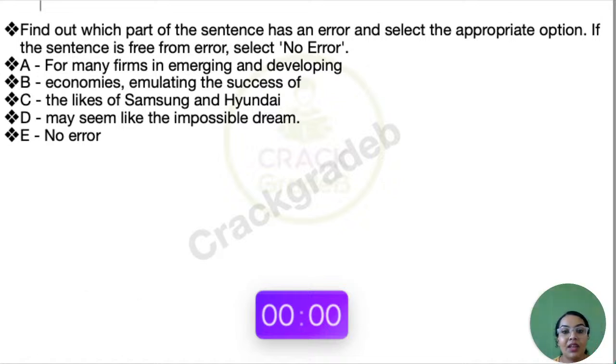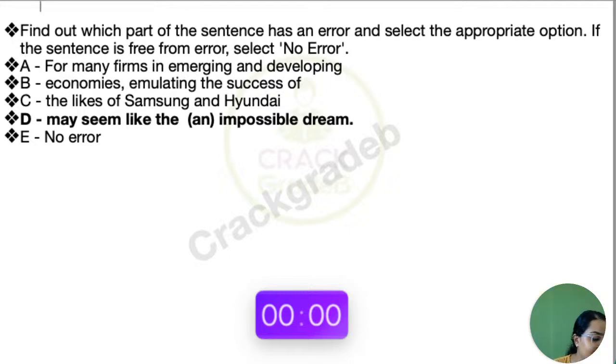Okay. Answer is D. An impossible. If you say the and then a common noun, that means either it is one and the only thing in the world. So that is the one and only impossible dream. Or it can mean we have already mentioned it earlier. Both of the cases are not here in this sentence. So for many, many will take plural.